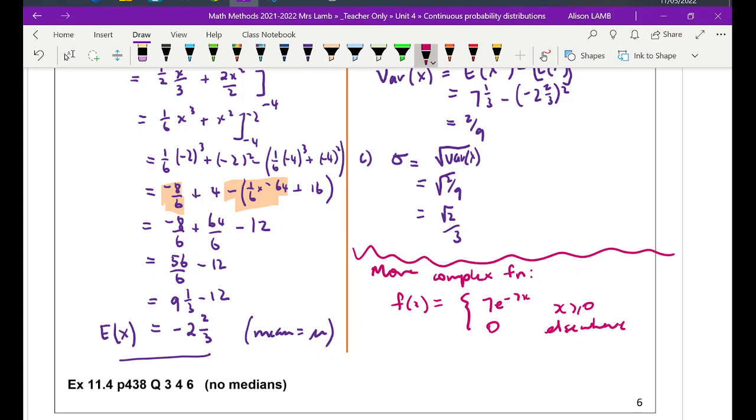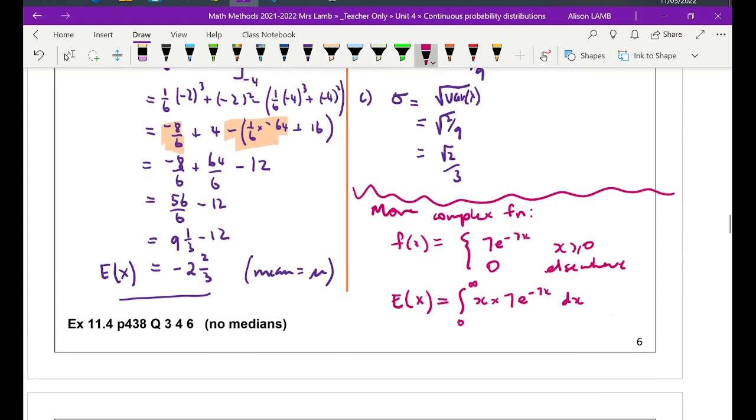So our expected value of x becomes something that is not part of our course to integrate by hand. It'll be x times f of x, or x times 7e to the negative 7x, between 0 and infinity, because this is x greater than or equal to 0.